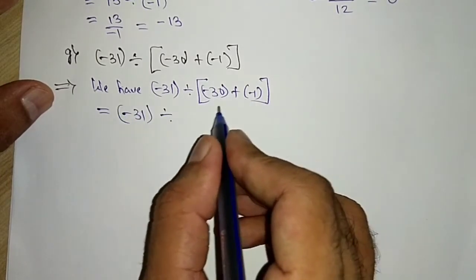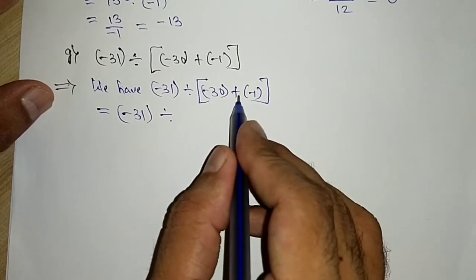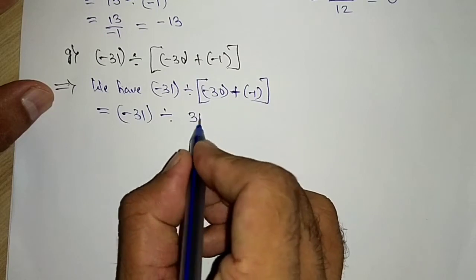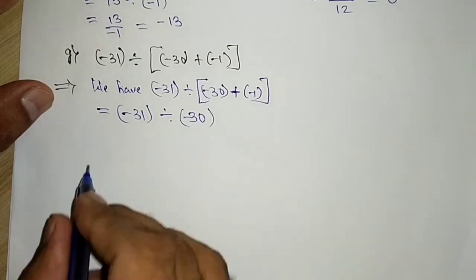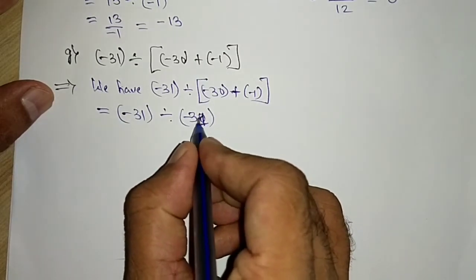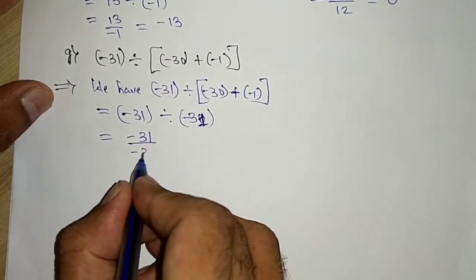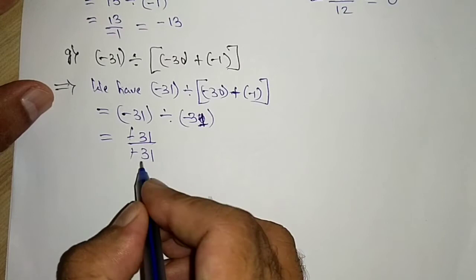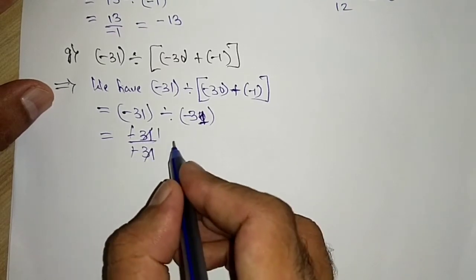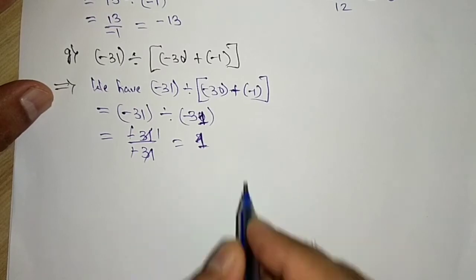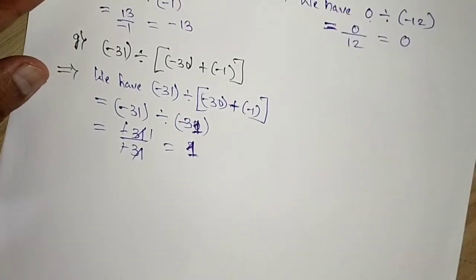Minus 30 plus minus 1 is the adding of 2 integers with the same sign, so we add the numerical values and keep the common sign. So it will become minus 31. Minus 31 divided by minus 31, minus minus will cancel out. 31 ones are 31. So the answer is 1.